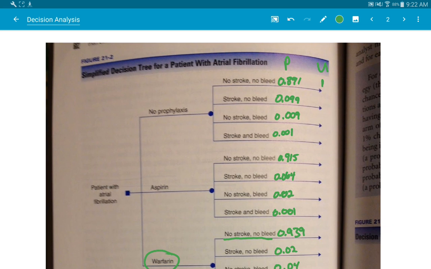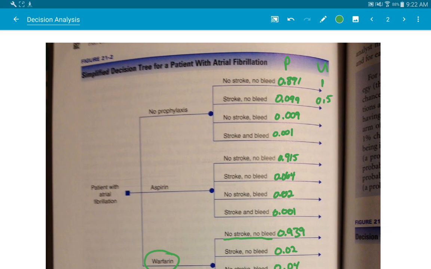And then the stroke, no bleed, is going to be 0.5, because basically on average a stroke leaves someone with roughly half the quality of life they had prior to the stroke. Obviously, some strokes are very mild, with not much impact. Some are extraordinarily severe and might even kill the patient. So they have to take an average, because we're dealing in probability, so approximately half.